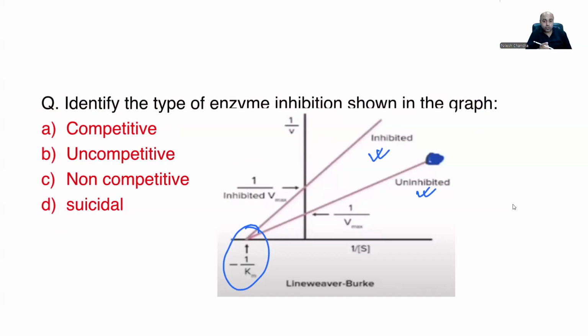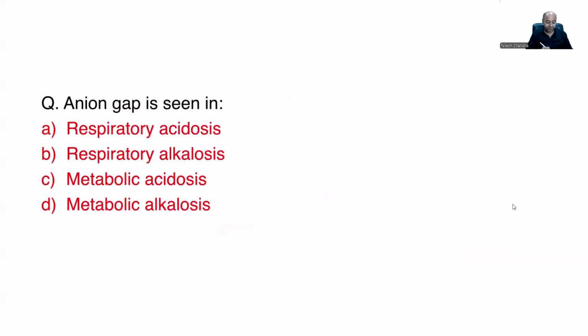Meaning, if -1/Km is the same, then the Km will also be the same. Km is the same by definition in non-competitive enzyme inhibition among the mixed group, right? So here the answer is non-competitive inhibition. Competitive inhibition, we will discuss later, the graph should have been passing through the y-intercept. In that case, it would have been a competitive inhibition where the Vmax does not change.